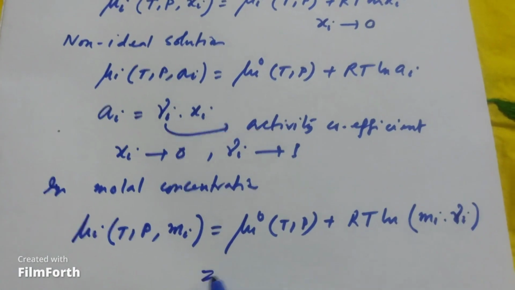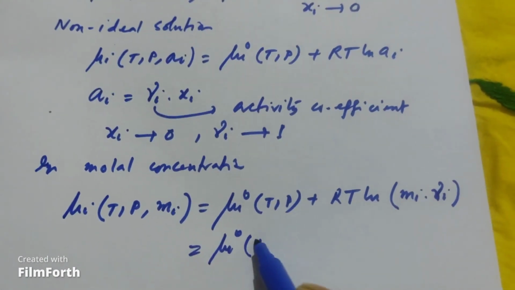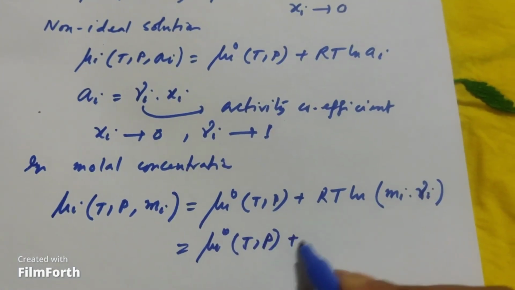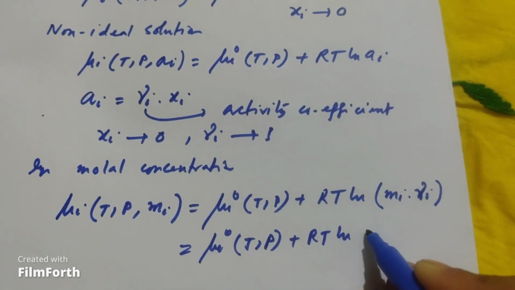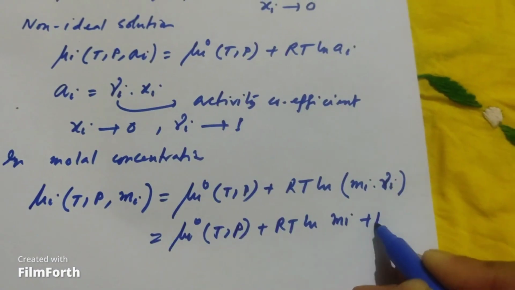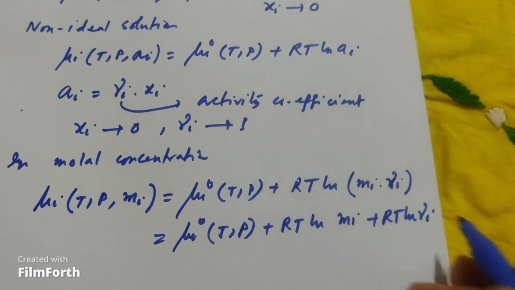So this will become mu i 0 T, p plus RT ln mi plus RT ln gamma i.